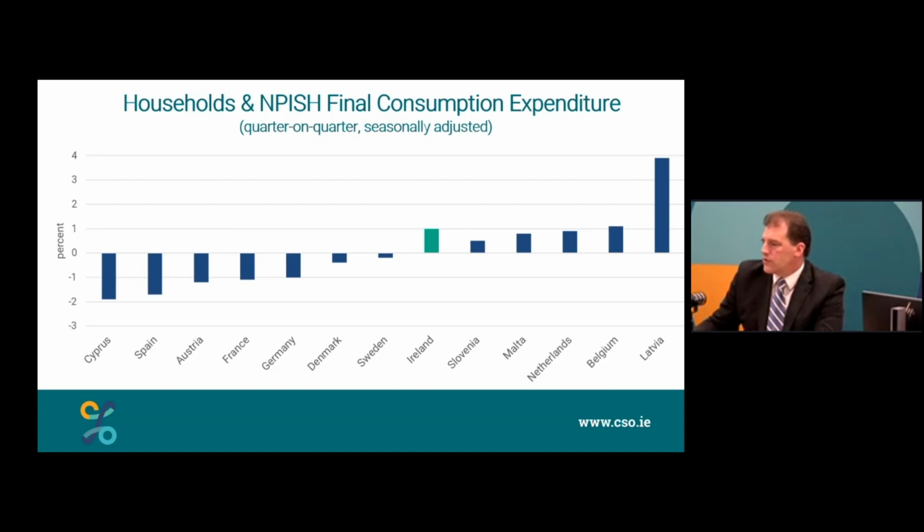Putting that household consumption into European context, this green bar should be sorted slightly differently, but it still puts us on the right-hand side of the chart in terms of European countries, with stronger growth marginally in Belgium and definitely in Latvia, but falls in household consumption in a lot of other European countries in the quarter.